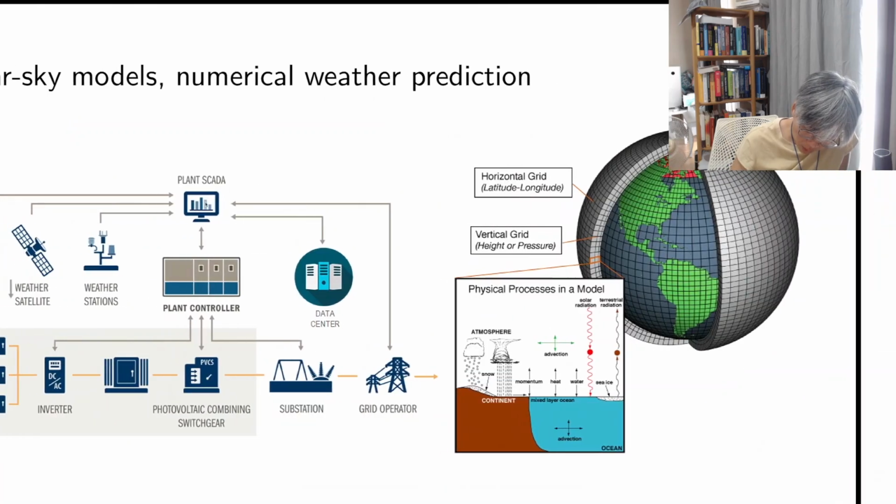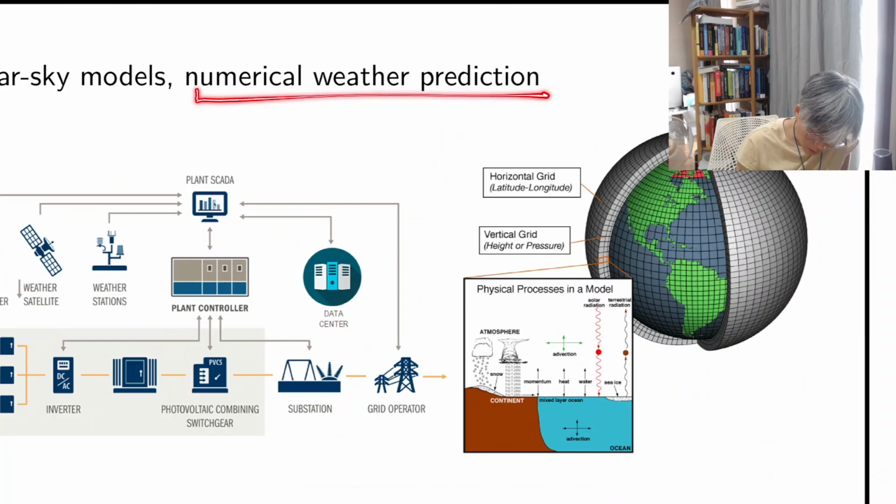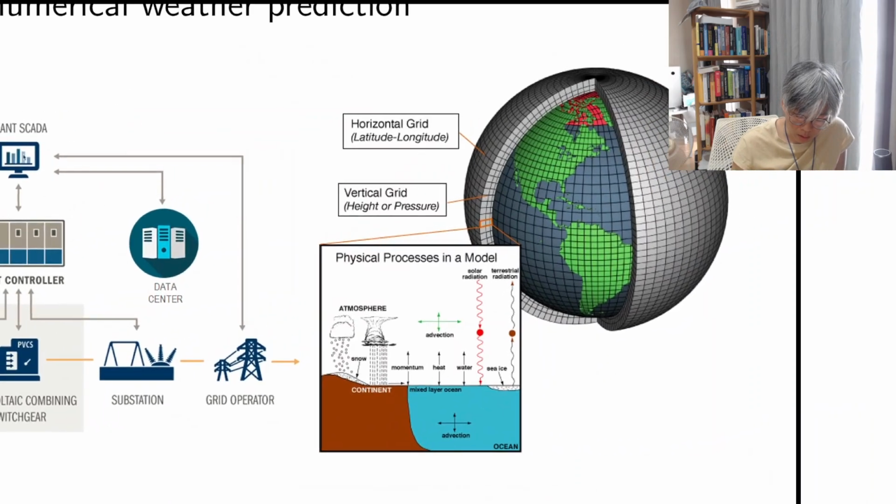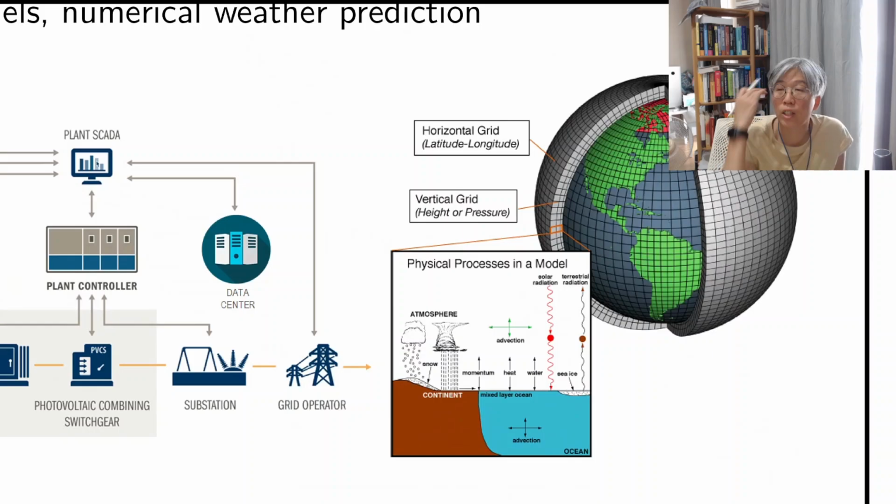For numerical weather prediction, as I mentioned, initially it's a global model. It can provide a weather forecast all around the world. But this model also has regional versions. It also allows you to compute things in a region.